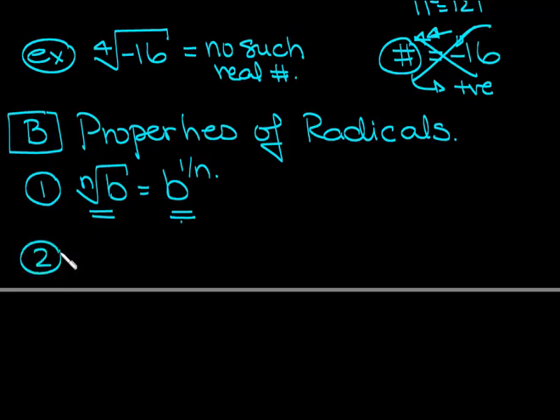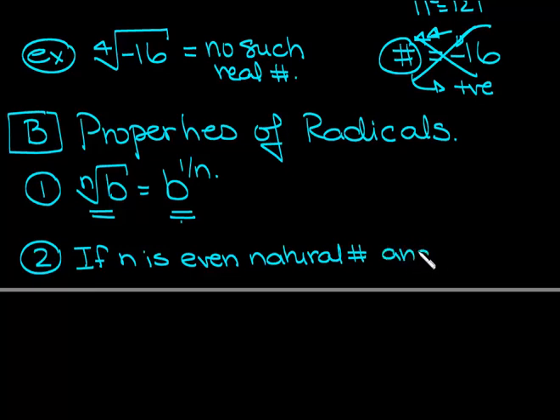The second property is this. We can say that if n is an even natural number, that means an even positive integer, and b is a real number.